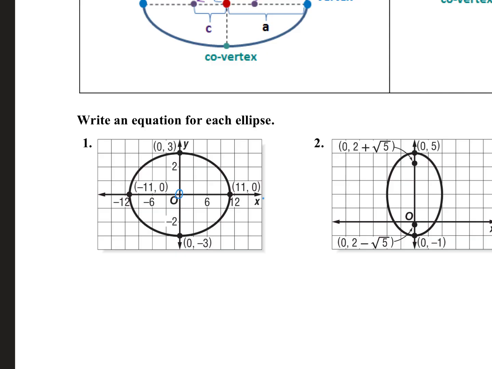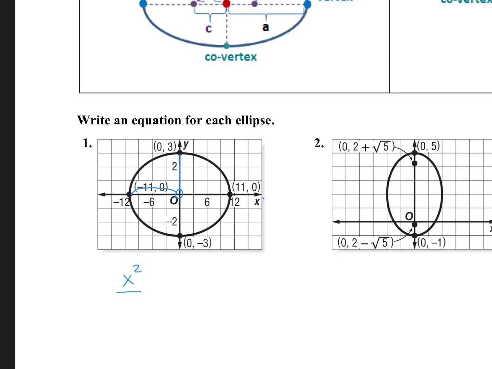Okay, so to go from the center to either the left end or the right end, doesn't matter, just not the whole way across, that distance is 11. And from the center to either the top or the bottom, that is a distance of 3. So because the distance is longer going left or right, this is a horizontal ellipse.